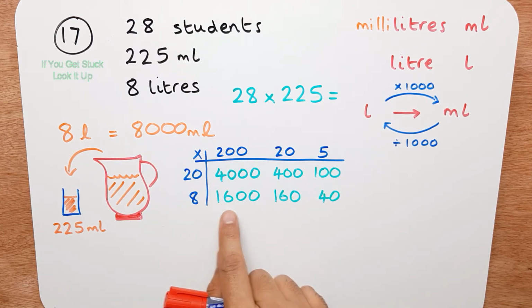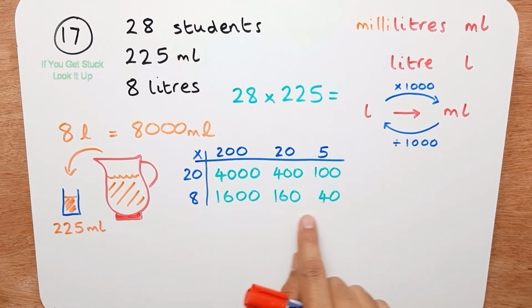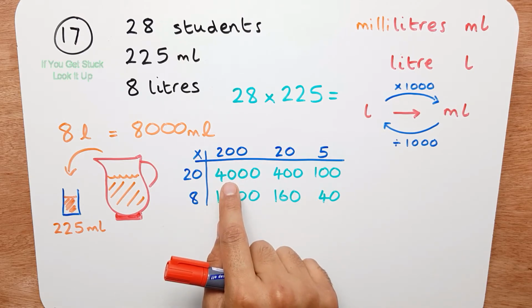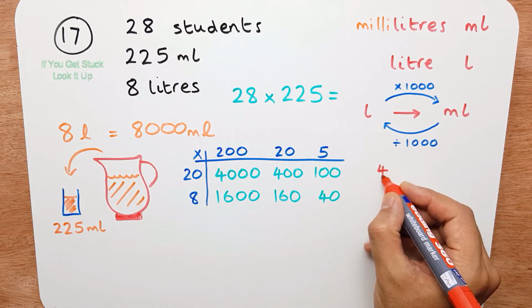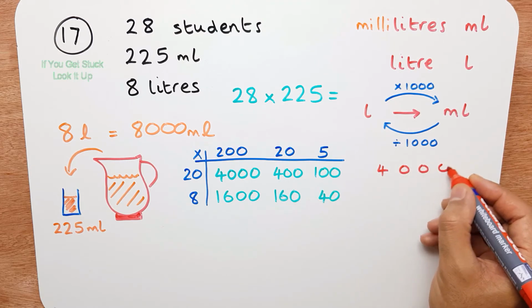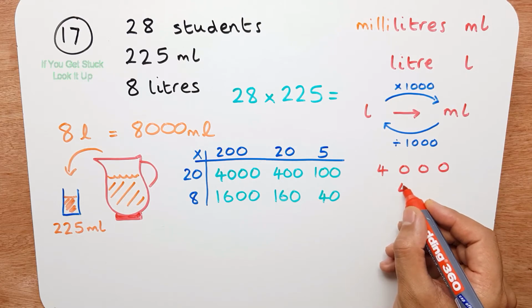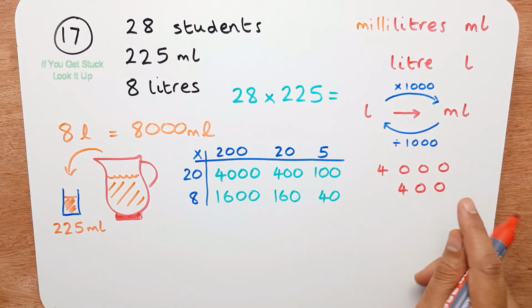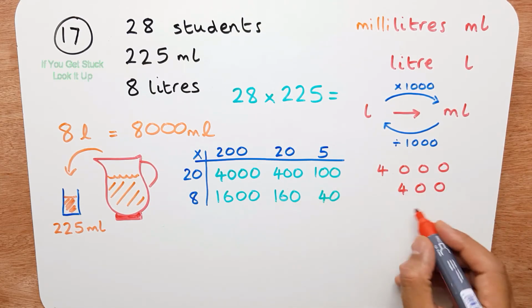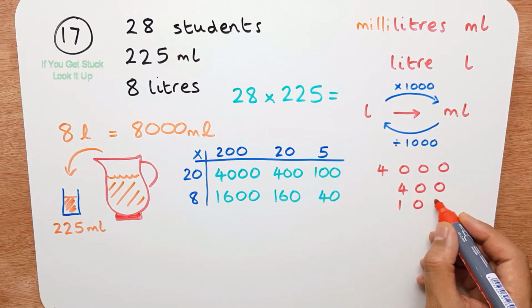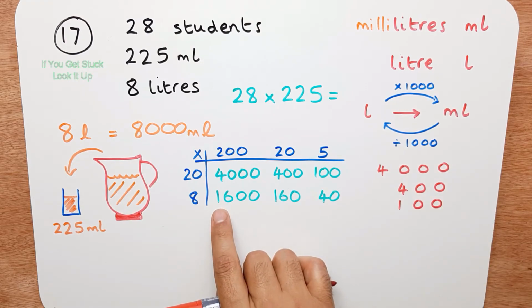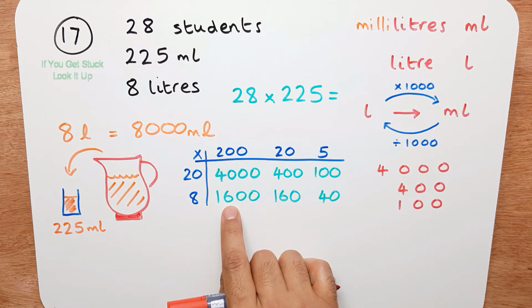Now my next task is to simply add all these numbers. So let's start with 4,000. Then 400. I have to be careful I put them in the right columns. And then 100. And then moving on to the second row, it's 1,600.